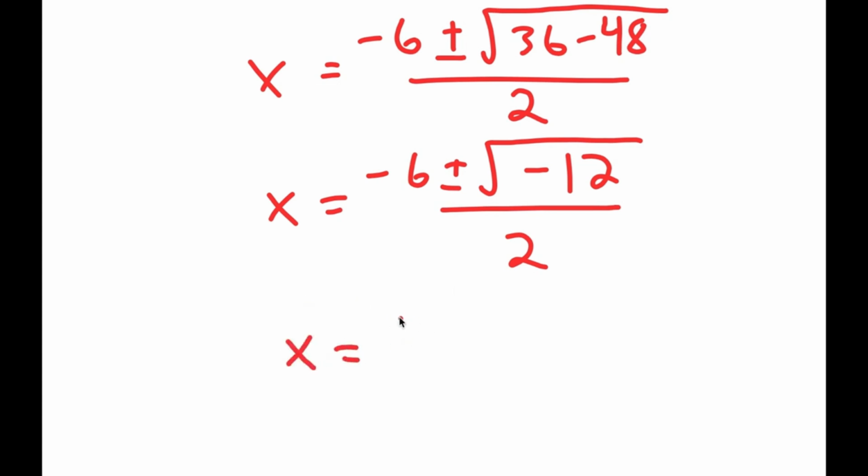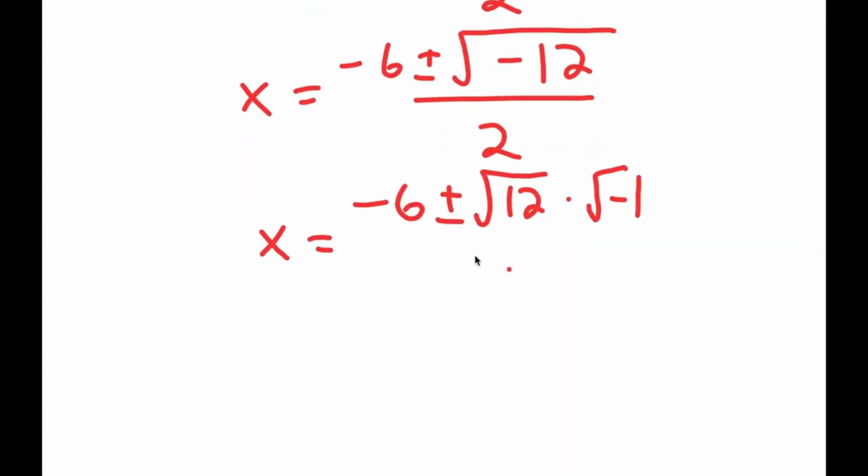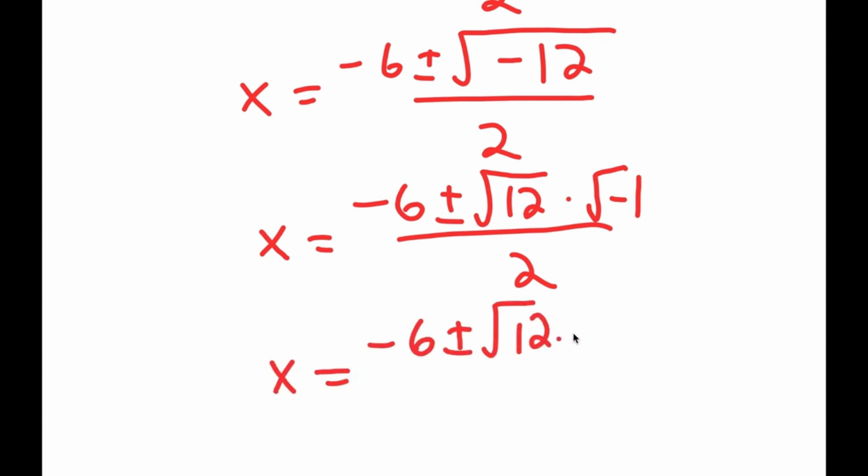Now from here, negative 6 plus or minus the square root of 12 times the square root of negative 1. And if you guys didn't already know, the square root of negative 1 is the same thing as the imaginary number i. So I get x is equal to negative 6 plus or minus the square root of 12 i over 2.